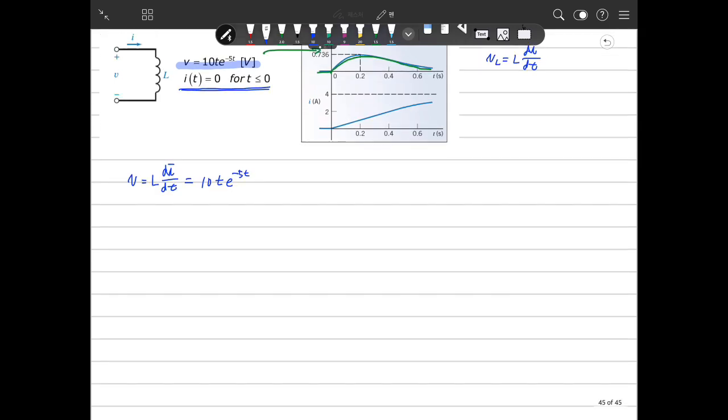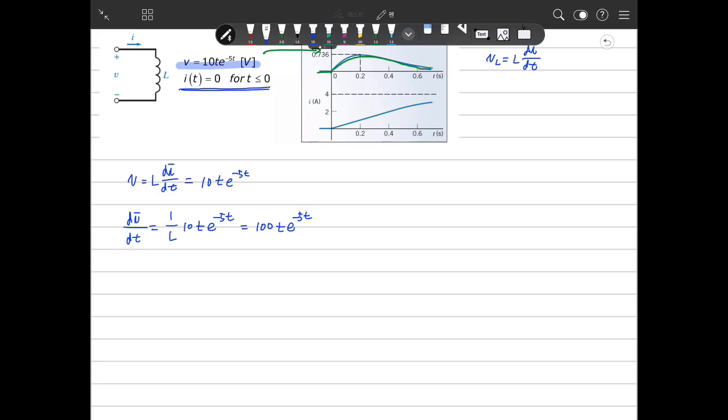So from the problem, we get di/dt is 1/L times 10 t e^(-5t). Because the inductance is 0.1, this is 100 t e^(-5t). That's it.